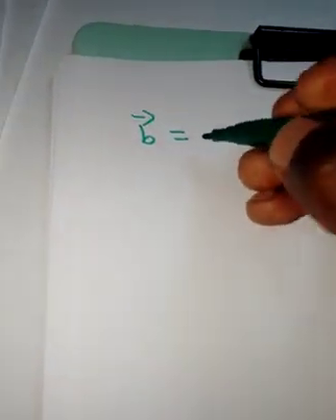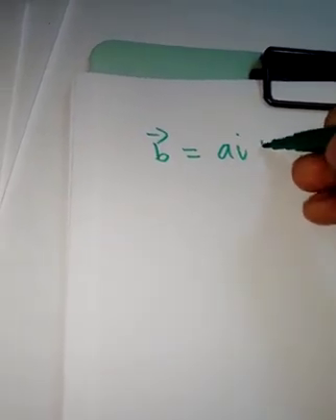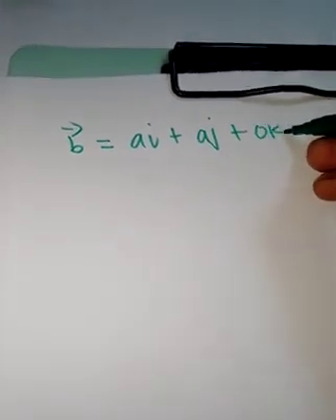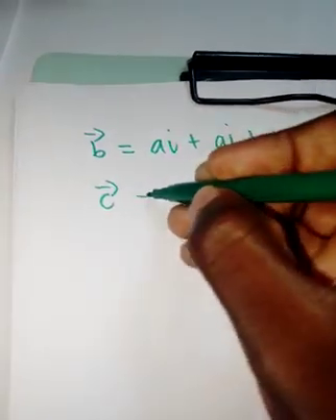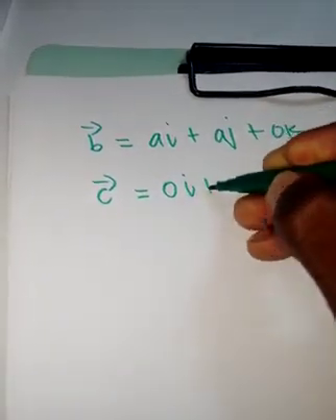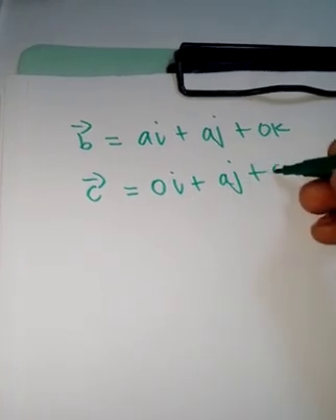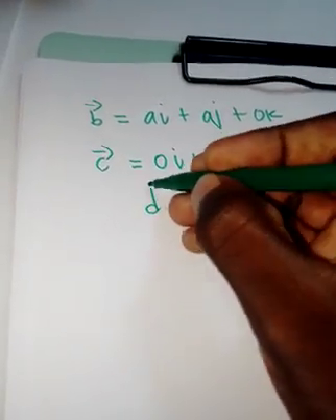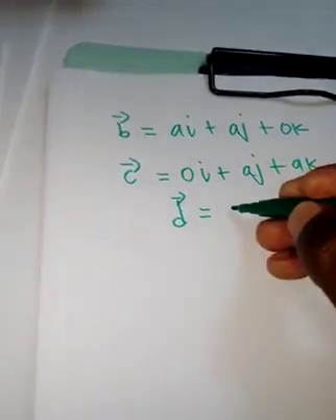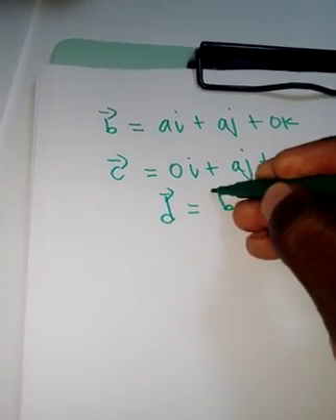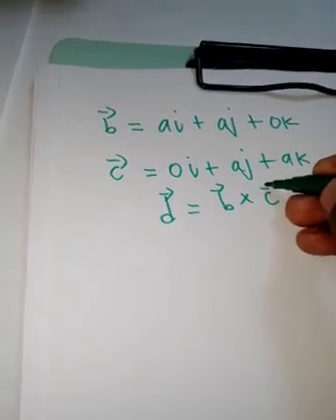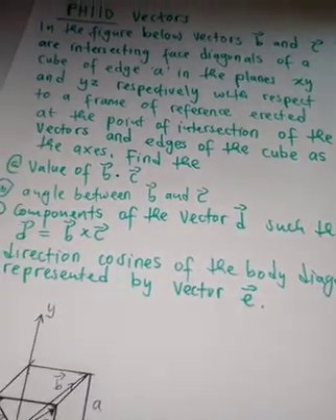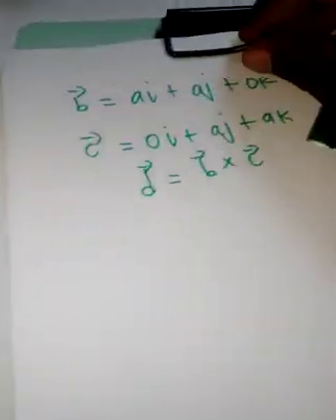Vector B is actually AI plus AJ plus 0K, and vector C is equal to 0I plus AJ plus AK. Then we should find another vector D such that it is the cross product of B and C.